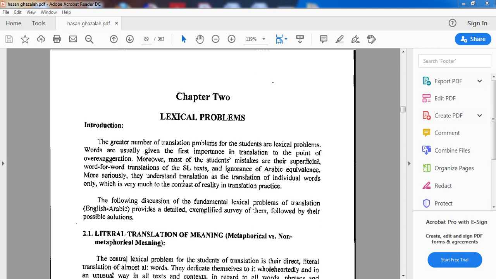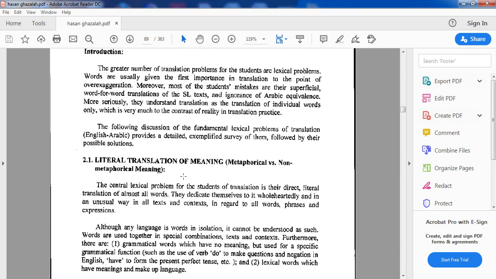So here the writer says we have to differentiate between metaphorical and non-metaphorical meaning within the sentence.